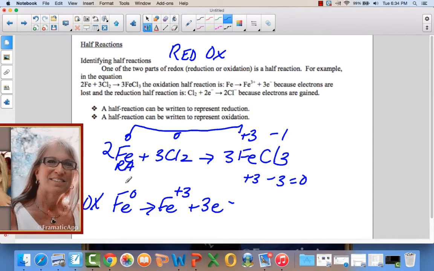And in the other one, I have Cl2 going to 2Cl minus. So that's a -2, so this is going to be +2 electrons right here. So this is my reduction. It gained electrons, became more negative, and this is also my oxidizing agent.